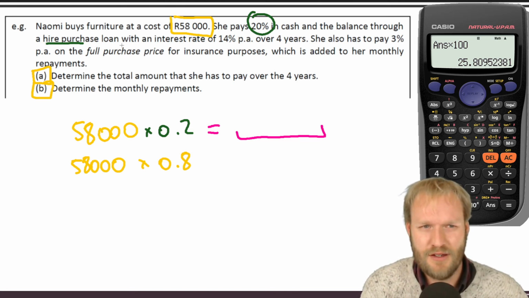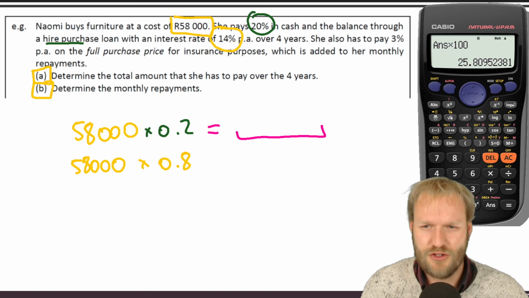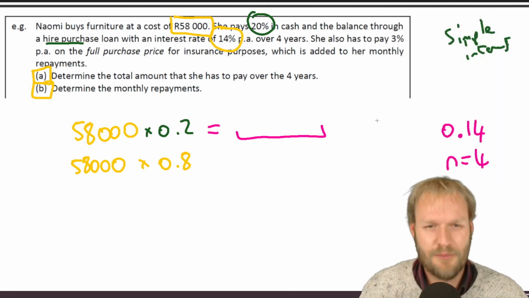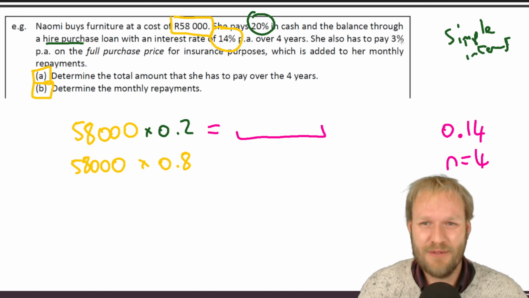There's a hire purchase loan with an interest rate of 14%. So already we're thinking our interest is 14%, and it's over 4 years. So we know n is 4. I'm writing all these great details behind the calculator. She also has to pay 3% per annum of the full purchase price for insurance.